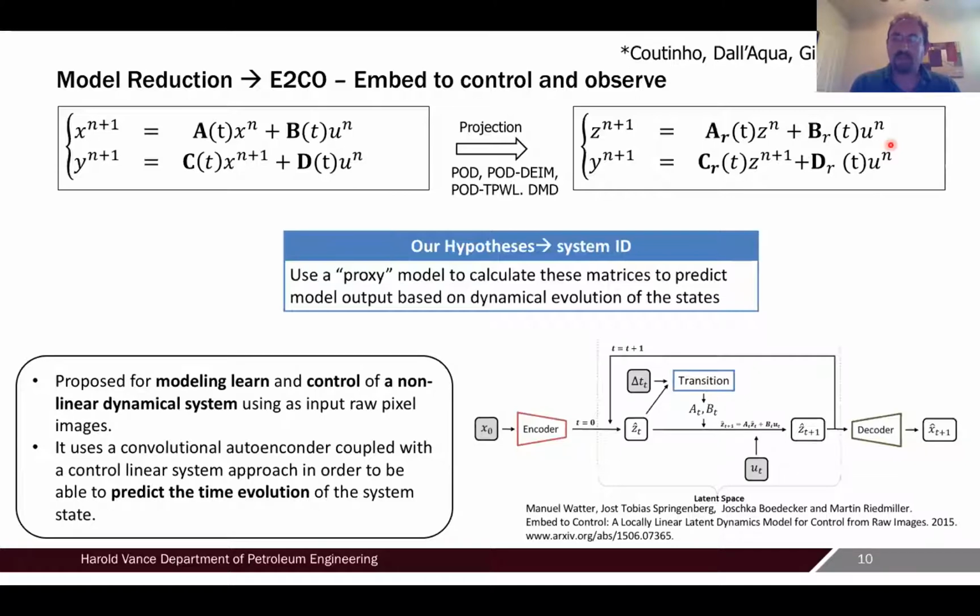So we looked up some literature, and there is this paper here that was published a few years ago, and that's basically an idea of using a model and learning from an encoder decoder type of thing, that based upon a state, you can come up with your ABCD. So basically, the paper talks about how you can do that. Let me just show the modifications and what we are actually thinking about for our problem.